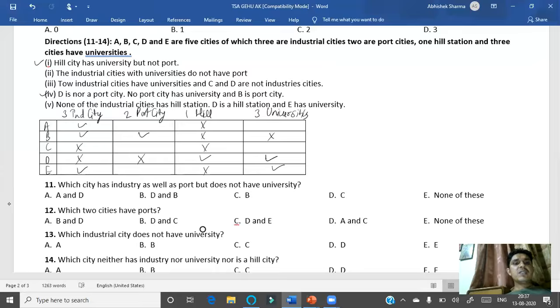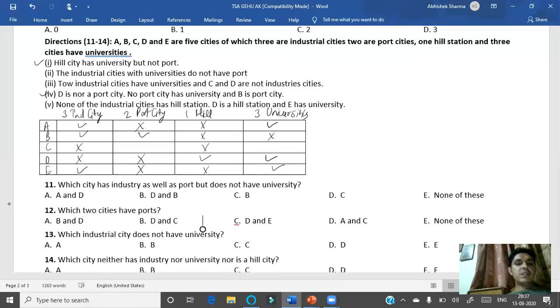Thereafter, industrial cities with universities don't have a port. That means E will not be a port, right? And industrial city with university, that means A. Industrial city with university will not be a port, so A will not be a port.